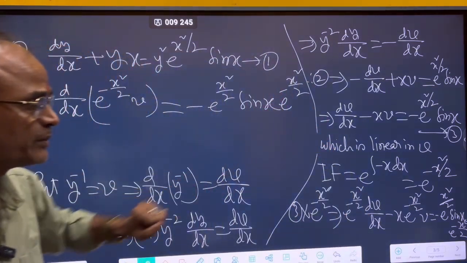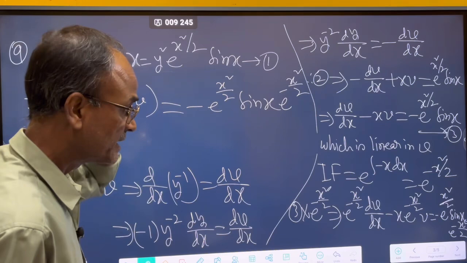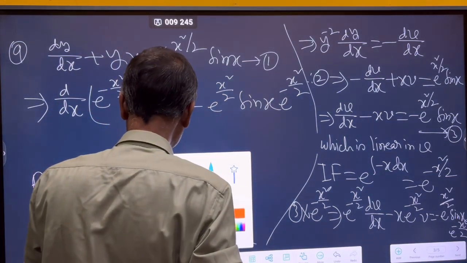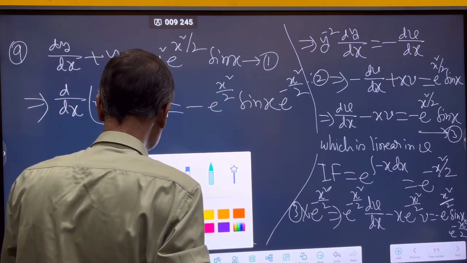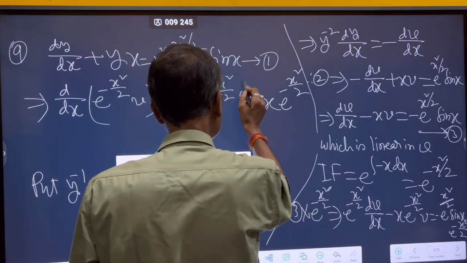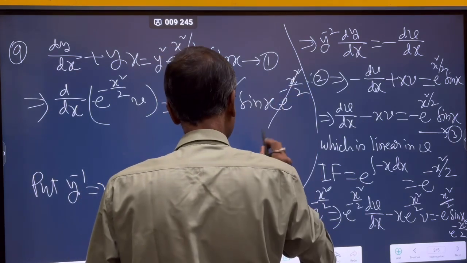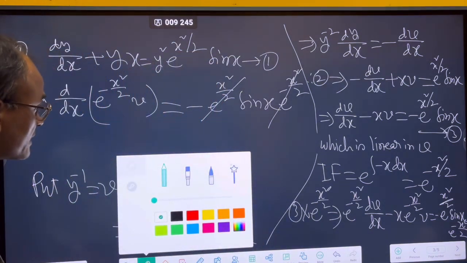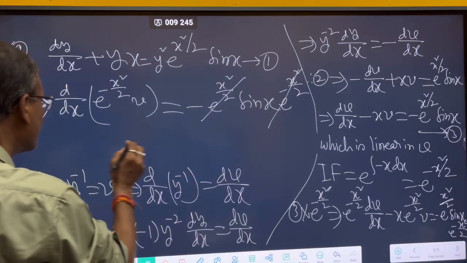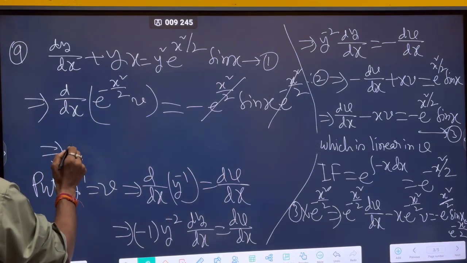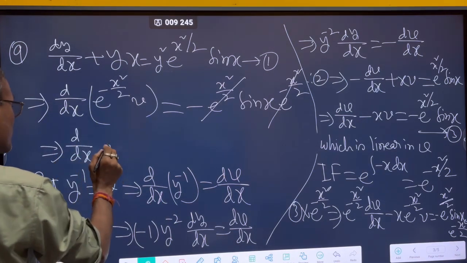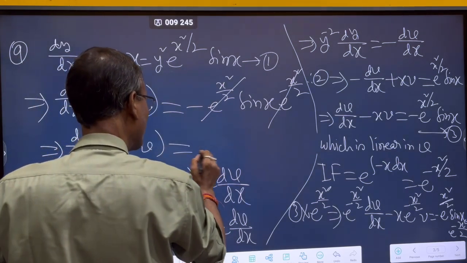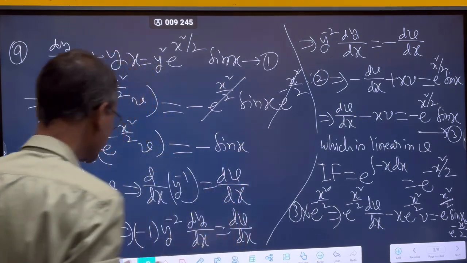Of course, these two terms will be cancelled. This means d/dx of e to the power minus x square by 2 v is equal to simply minus sin x.